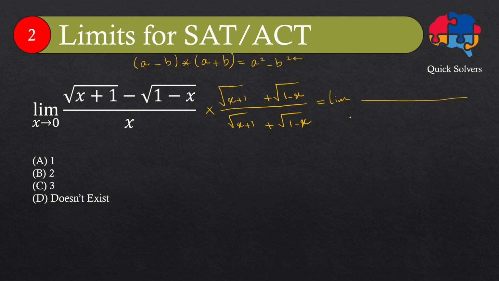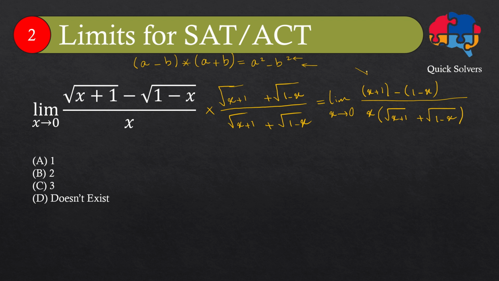in the denominator we have x times square root of x plus 1 plus square root of 1 minus x. And, well, following the expression here, we have x plus 1 minus 1 minus x. And this is the limit where x goes to 0.